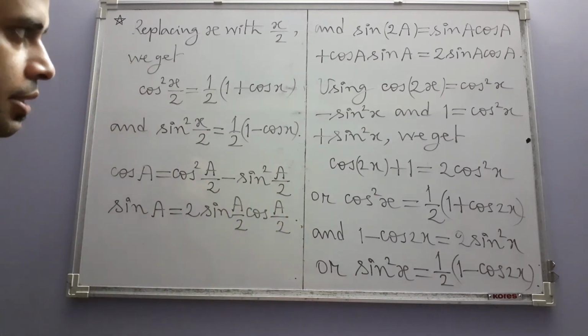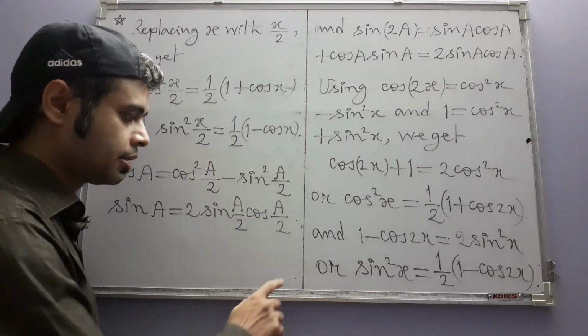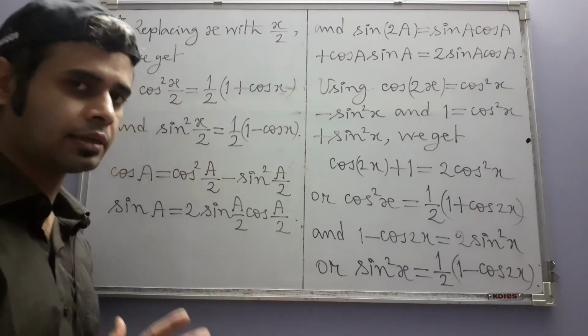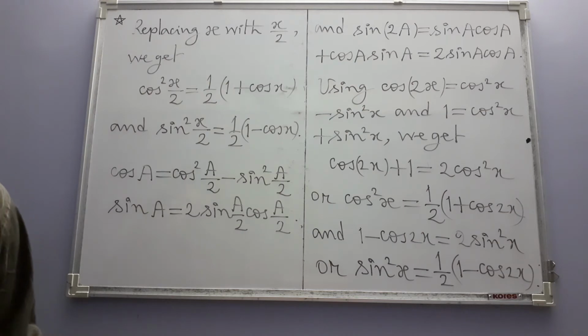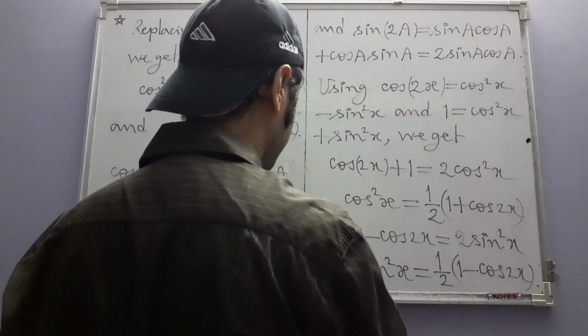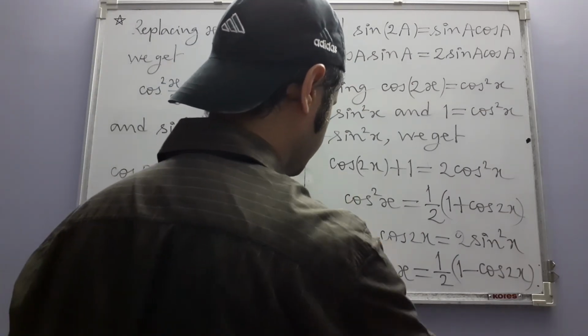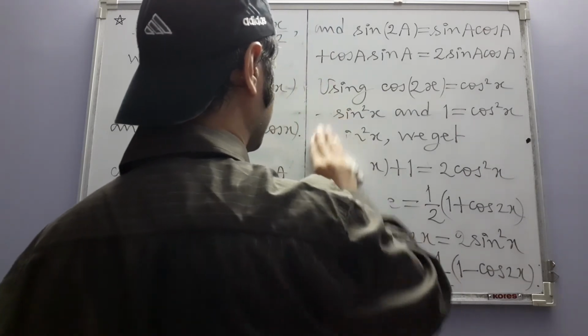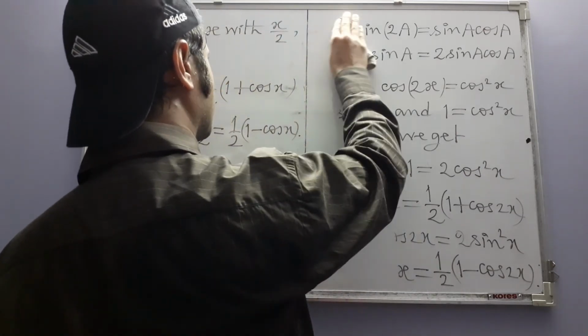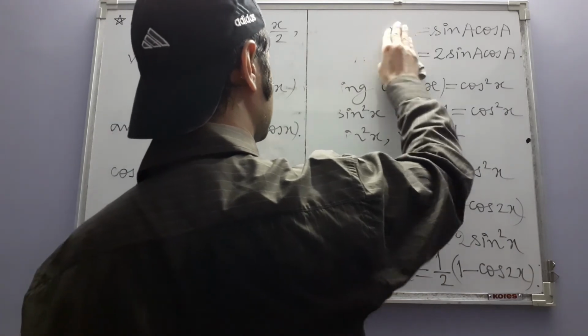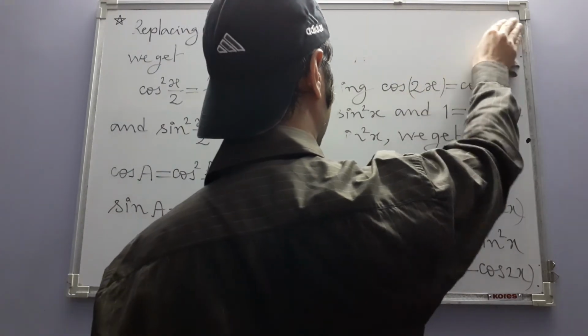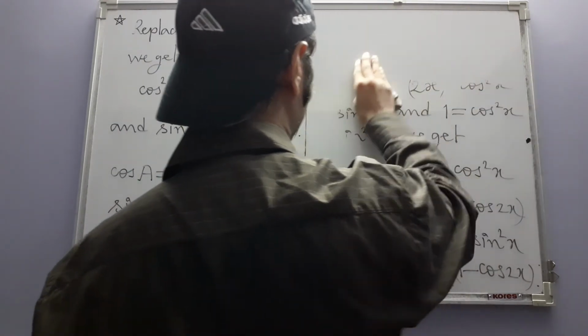Now besides these, you have another thing called the law of sines, law of cosines, or law of cosine rather, which is a generalization of the Pythagorean theorem.